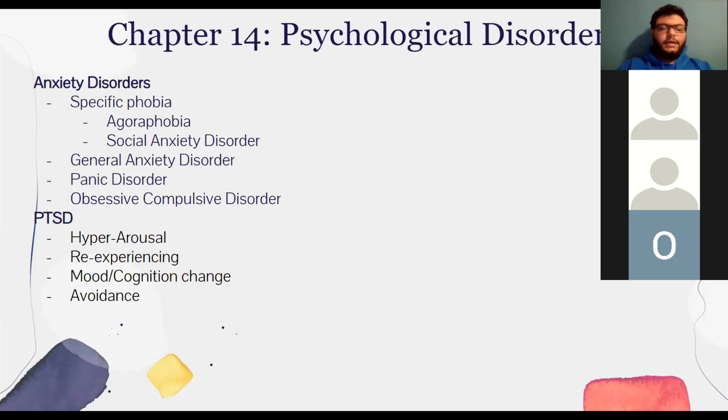General anxiety is anxiety that's general, so there's not one specific thing causing the anxiety. Panic disorder could come from consistent panic attacks, or having one panic attack and anxiety coming from avoiding further panic attacks. So you're avoiding specific places or emotions or people that cause that panic attack.